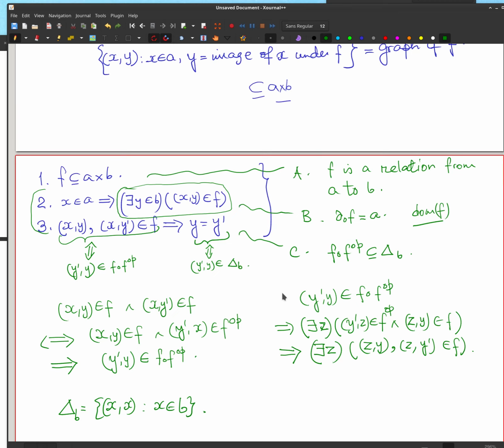So if you give me functions, I can also speak of relations. Not the route over here, but both these routes, that elements can be defined in terms of functions, as well as relations can be defined in terms of functions, are not very simple. They are a little more complicated.